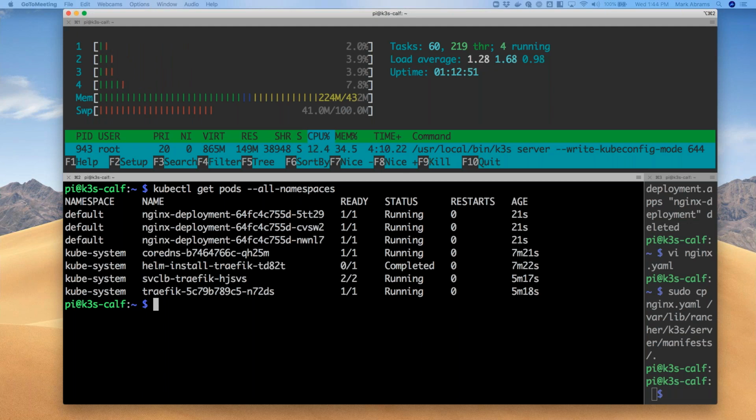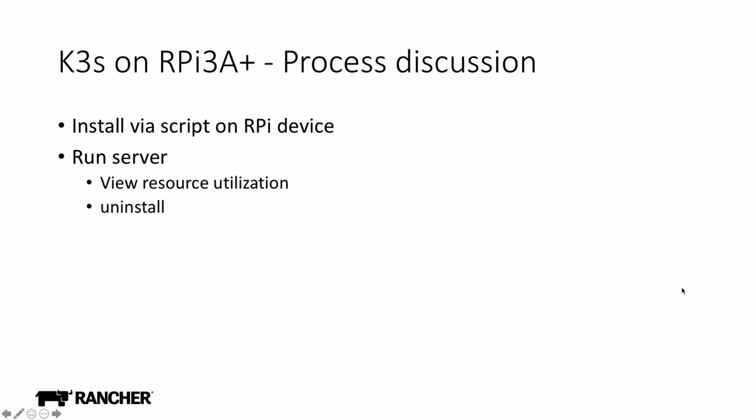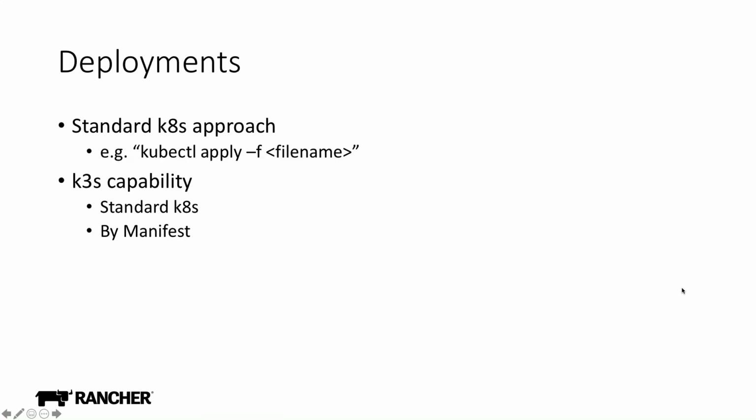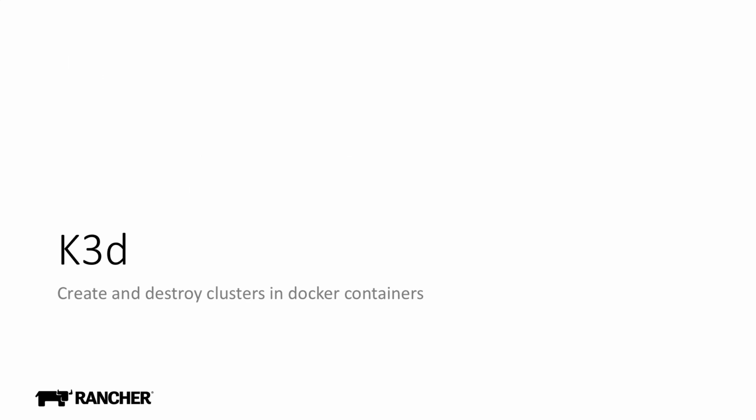I'm going to switch contexts again, and I want to get into K3d. So with K3s, we did the deployment. I took the standard Kubernetes approach, and then I showed you the K3s capability of using both the standard approach and the manifest.